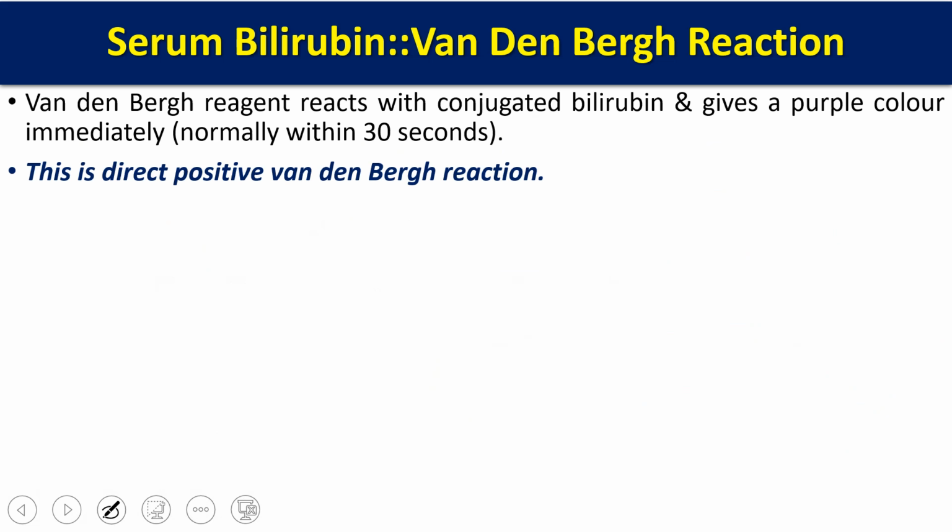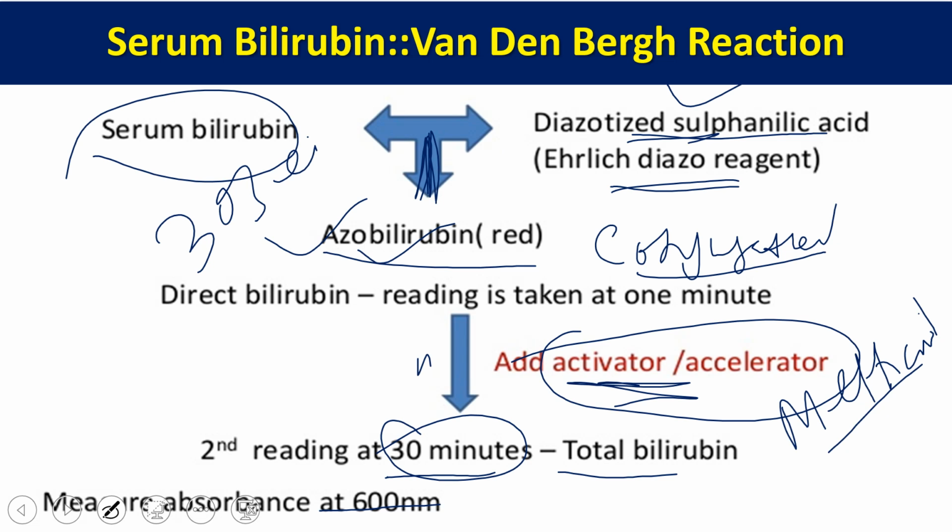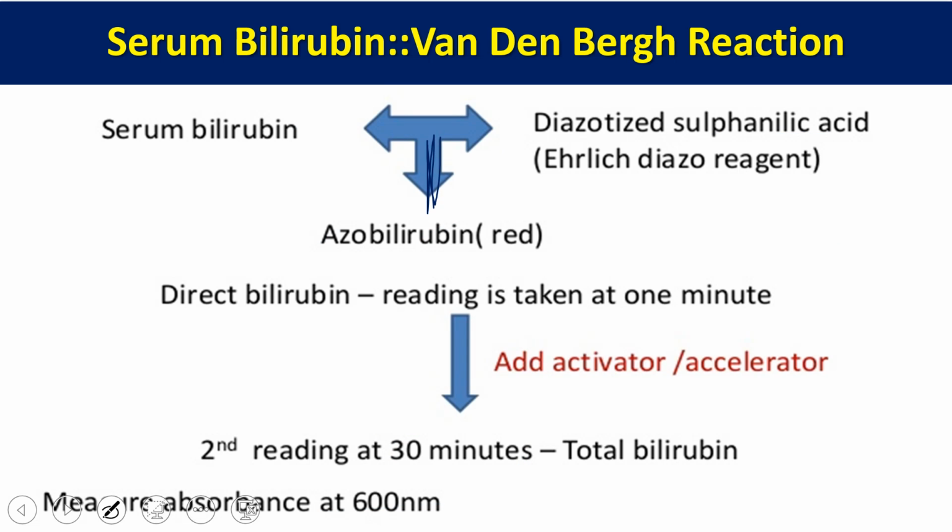So you can see there are two reactions occurring in two phases. The first phase is the immediate reaction, and the second phase is after the addition of the activator. It might be possible that we have only the first phase of reaction, or only the second phase, or both phases together.